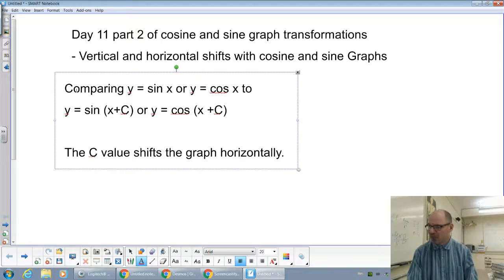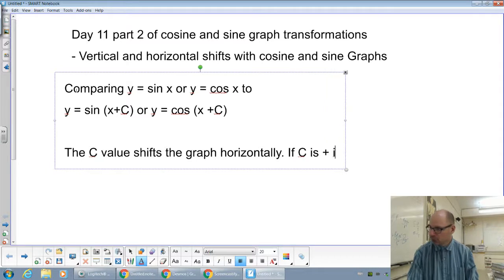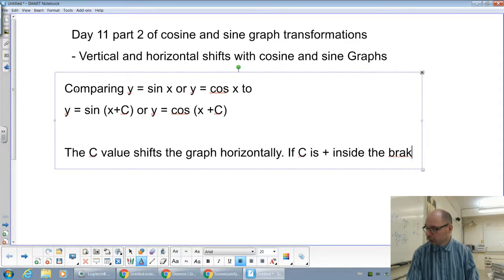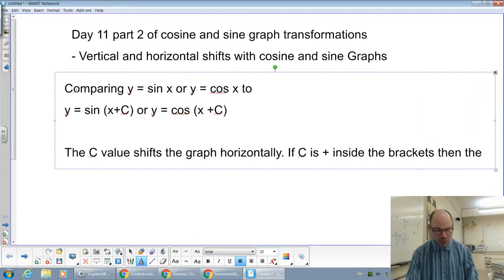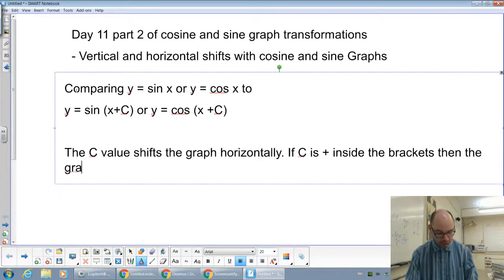If c is positive in the brackets, then the graph moves back or moves left, or shifts left, the amount of c.